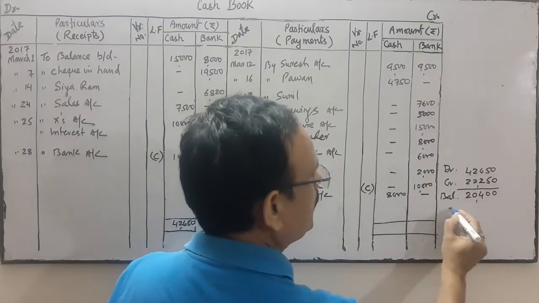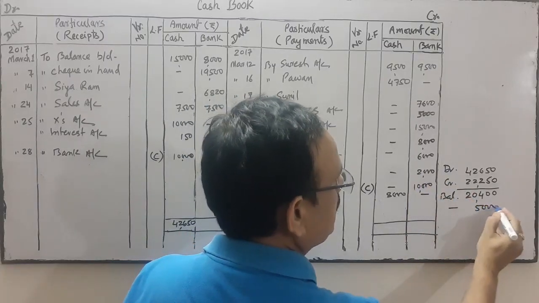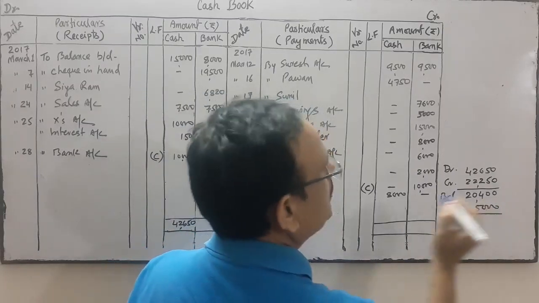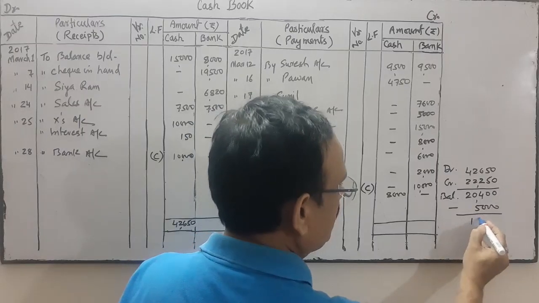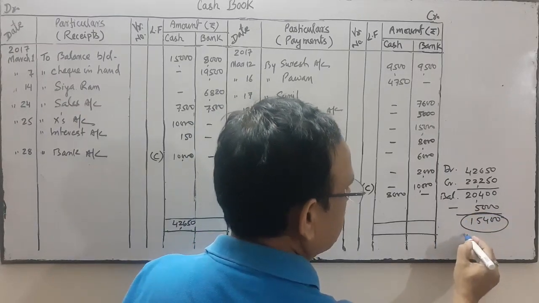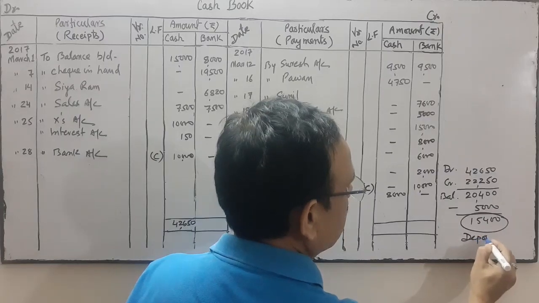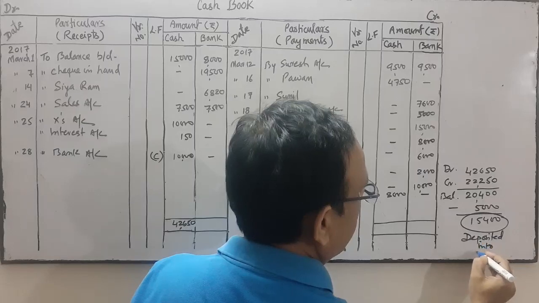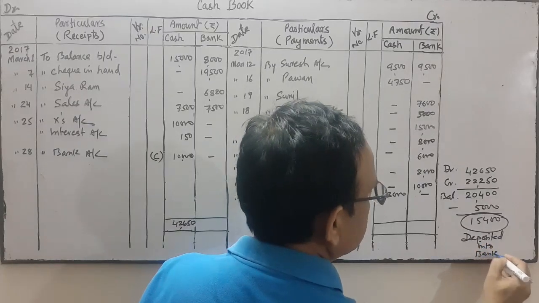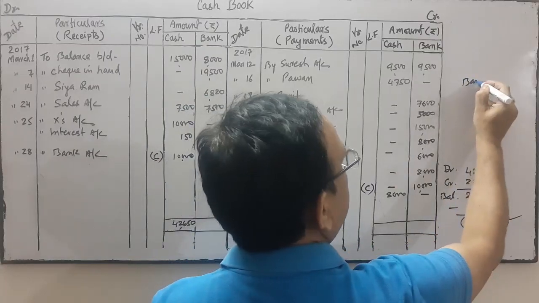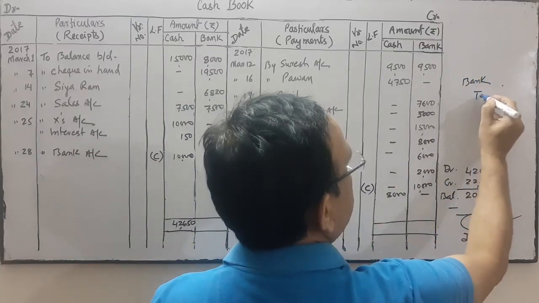As per the instruction, you maintain 5,000 cash in your pocket, and the excess amount you have to deposit into the bank. It means we will deposit this much amount into the bank. For that the entry will be bank account debit to cash account.